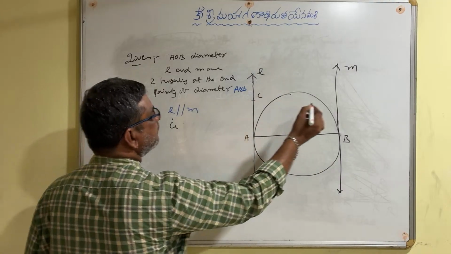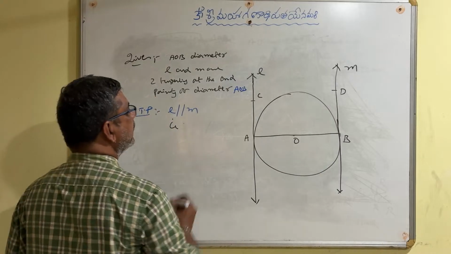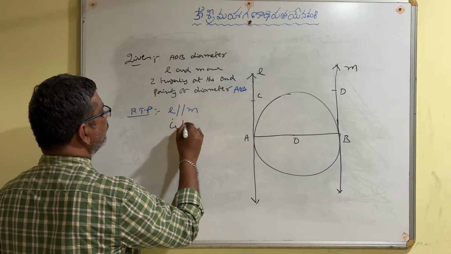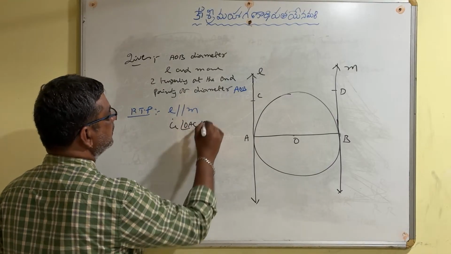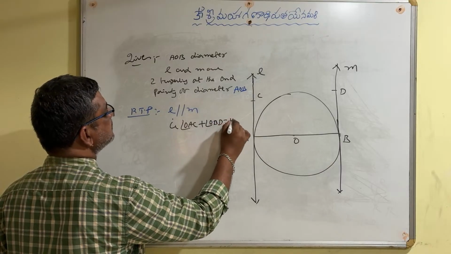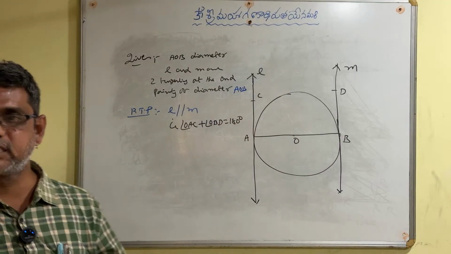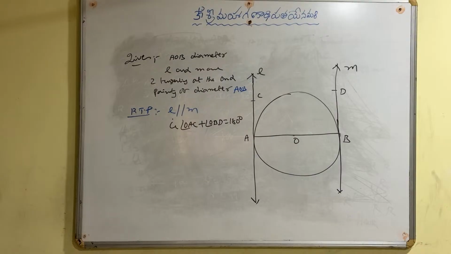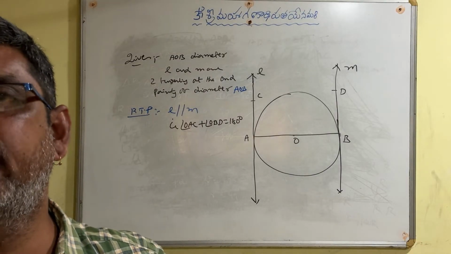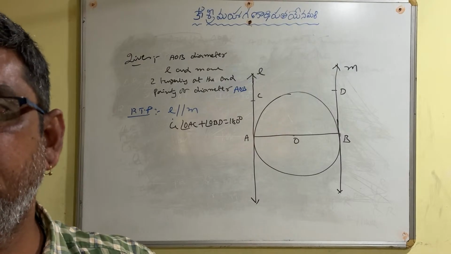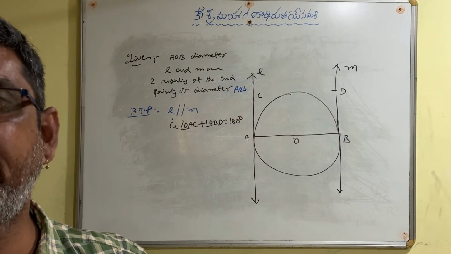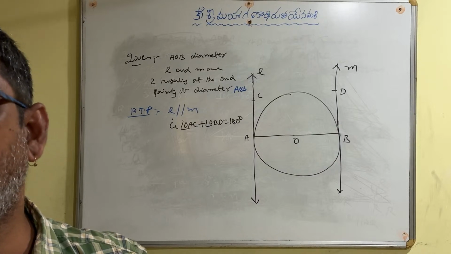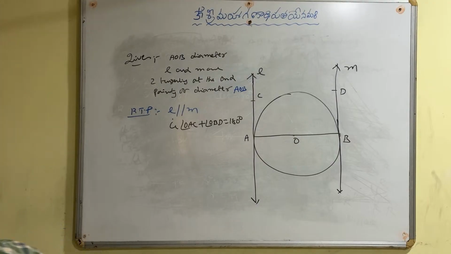Let it be C and D. Consider one more point on L, that is C, and one more point on M, that is D. If we prove angle OAC plus angle OBD is 180, then automatically L is parallel to M. Okay?